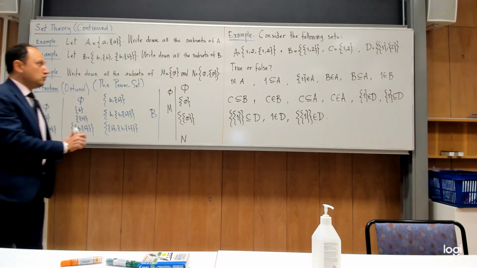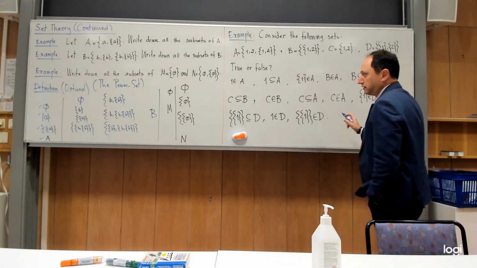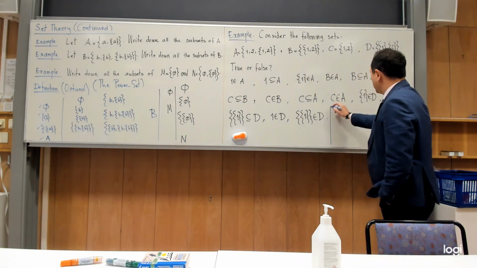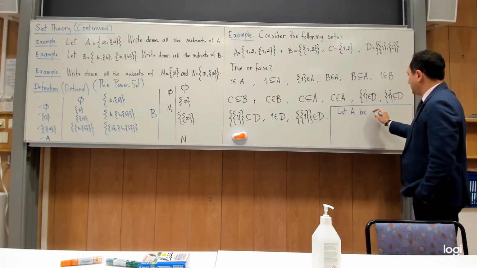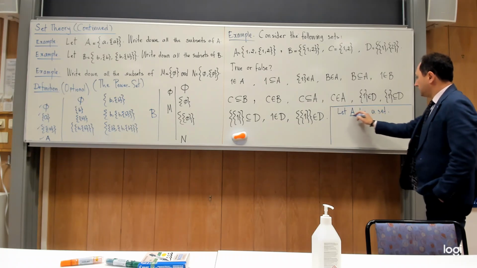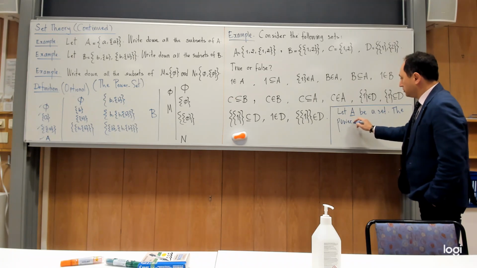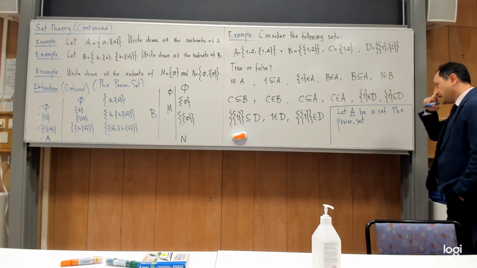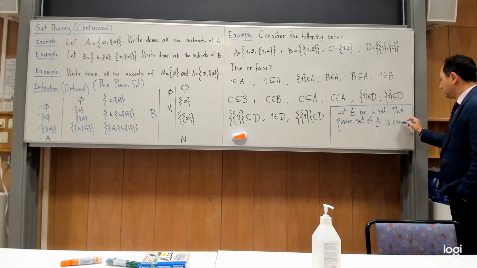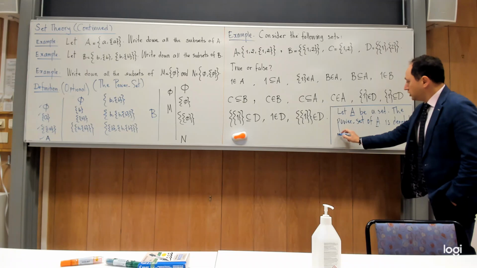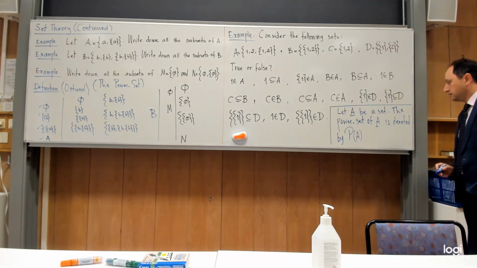Okay? So what do I mean by the power set? So let me write it here. Let me define it here, then I will clean it. So let A be a set. The power set, this is optional. I want you to know, this is not hard. The power set of A is denoted by a curly P and then you put A in front.